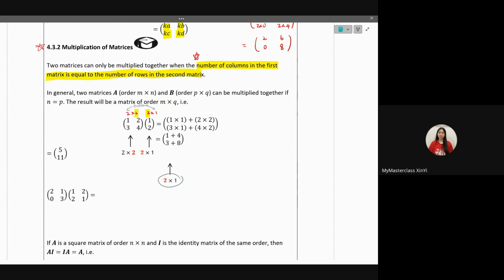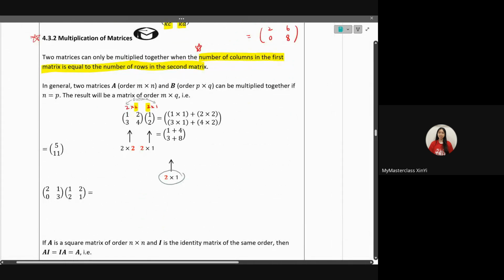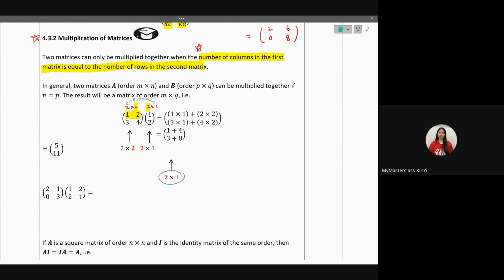So how are you going to do this when you do matrix multiplication? Start with the first row and the first column. You're going to take 1 multiplied by 1 plus 2 multiplied by 2. Row 1 and column 1 will give you the row 1, column 1 entry.